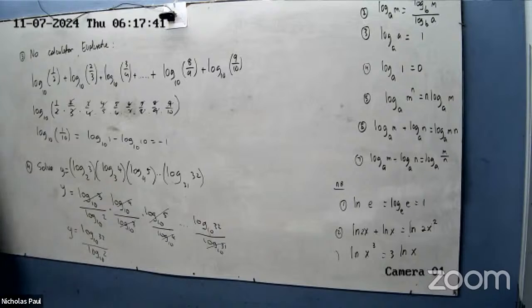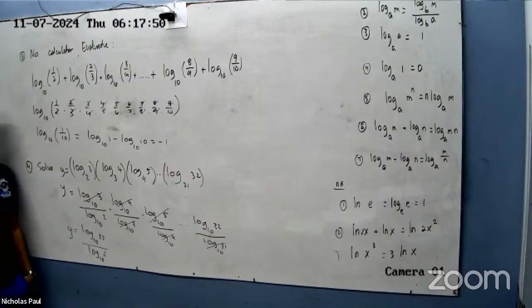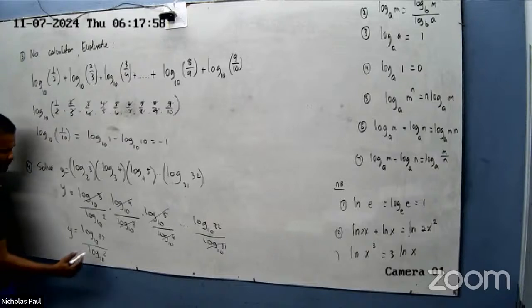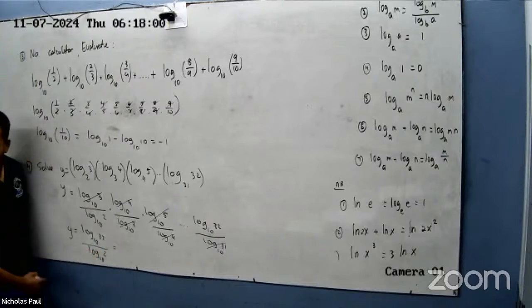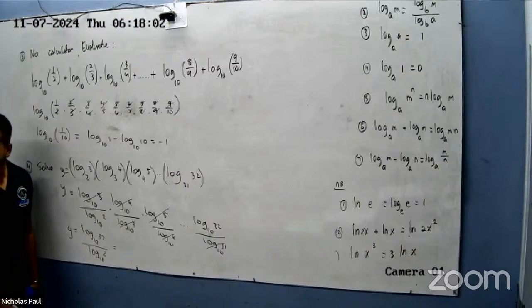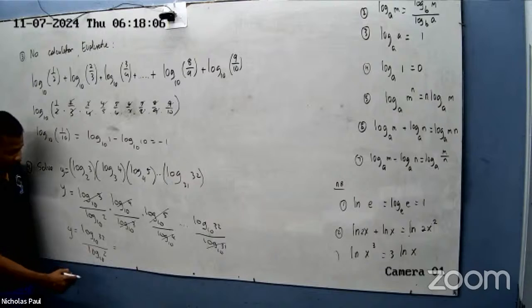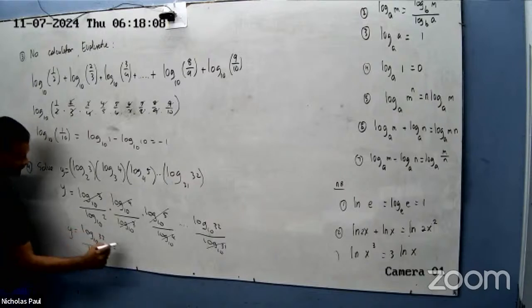32 is 2 to the power 5, right? So I get the answer 5.